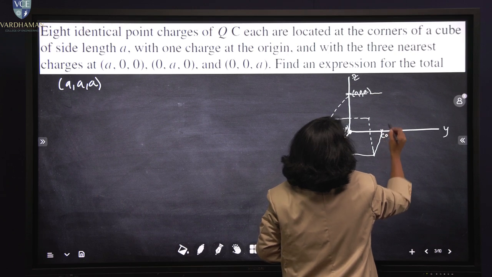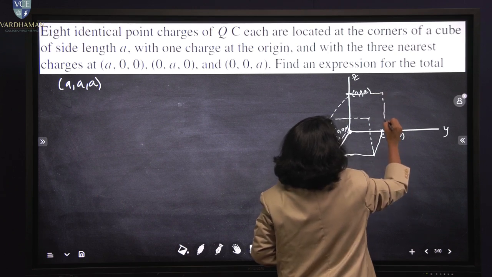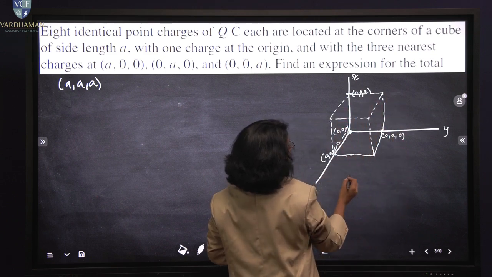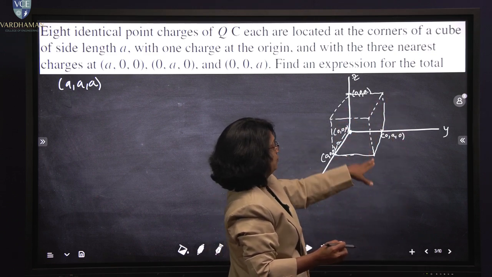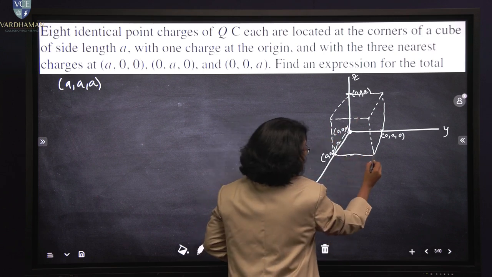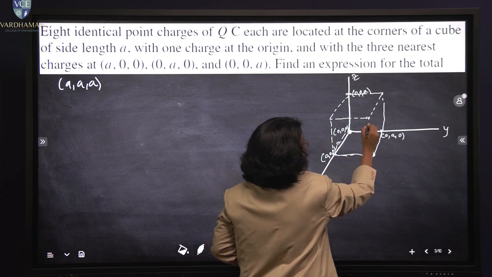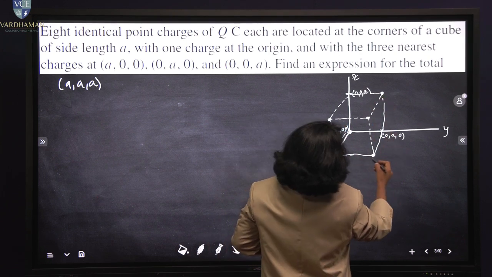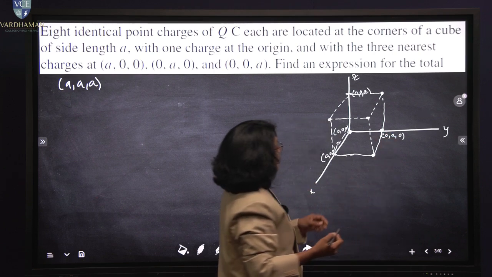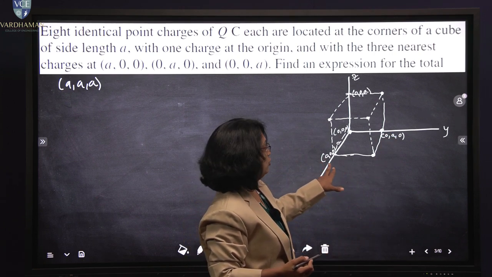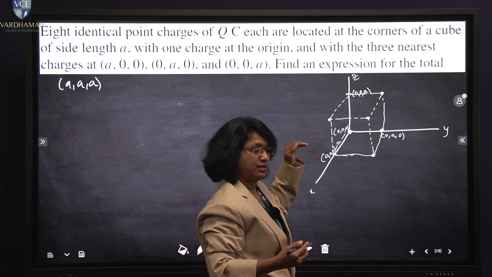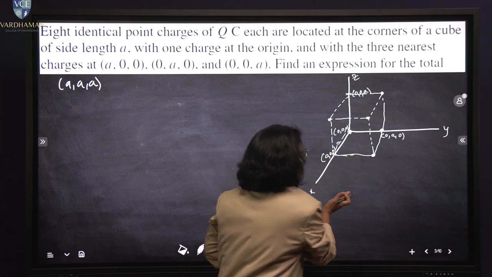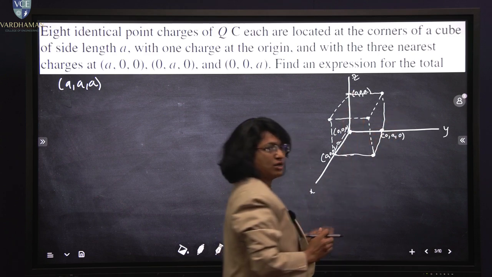So I have formed the cube, and now I get to know the positions of the other corners of the cube. Because I know the dimension of the cube, I have moved that dimension amount along x direction, along y direction, along x direction, and along z direction, and formed the cube.